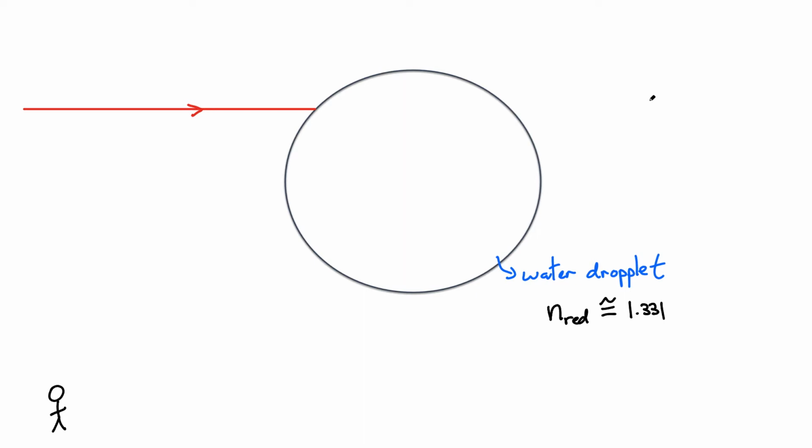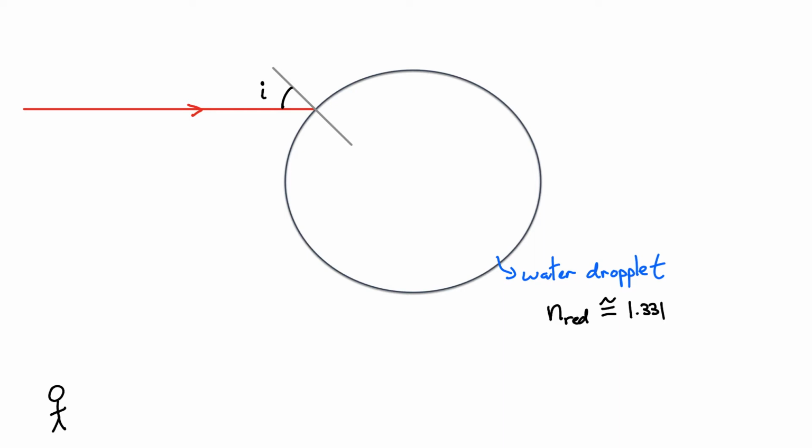Now what that means is, if I consider that interface here, let me draw a normal, just a direction that's perpendicular to that interface. Now some of that red light actually gets reflected, right? So let's start by defining this angle here as my incident angle, just call it I. And there is some reflection going on, and that angle of reflection is also the letter I. But that light over here never enters my eye, which is down over here. So I'm not really concerned about what's going on with the reflected light.